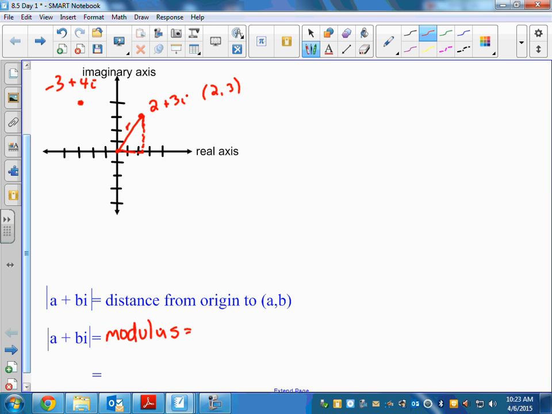But it's also just like the radius of the triangle that you could make. So maybe we could call that r. So would that just be the square root of this distance squared plus this distance squared? So the square root of a squared plus b squared?